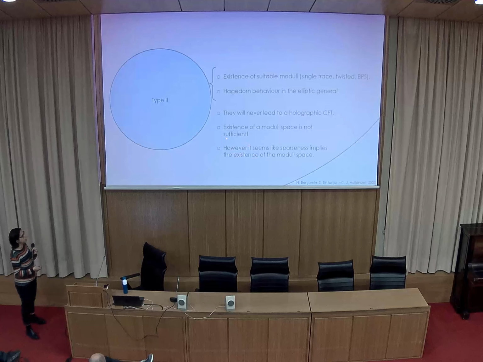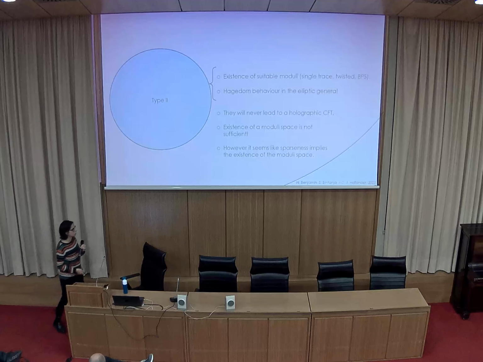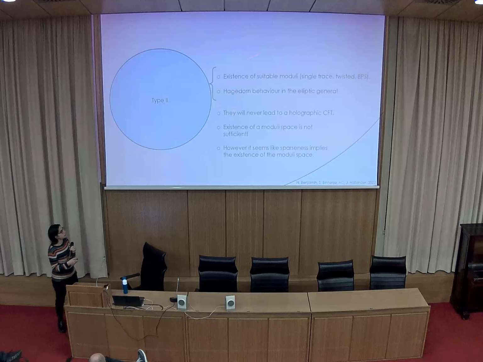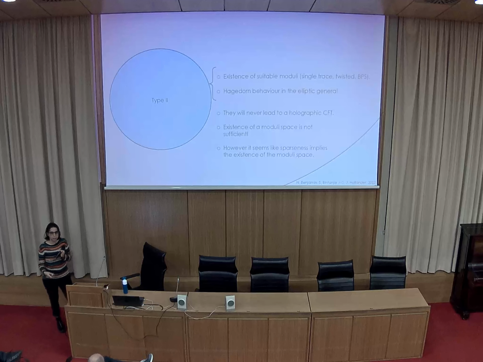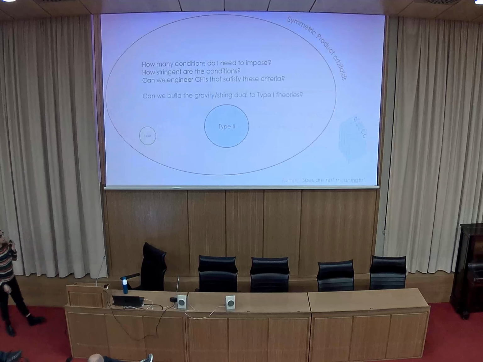But in any case, there's a kind of hierarchy between these two conditions here. But this basically tells you something interesting also, that how the symmetric product orbifold will respond under a deformation will be very different, or there should be significant differences between the type 1 and the type 2 theories. Okay. And this is basically where we are at the moment.